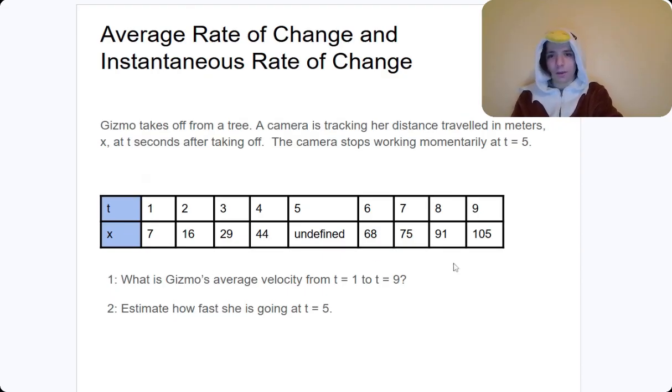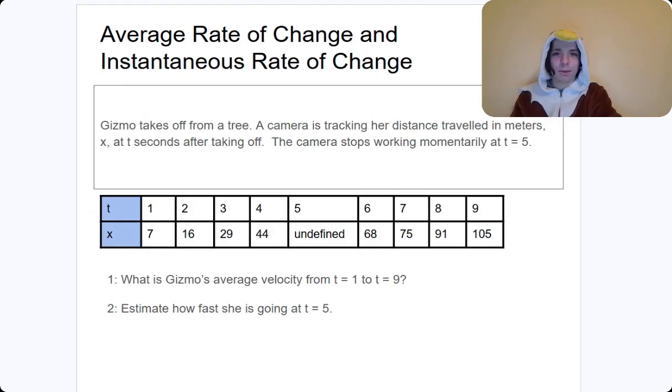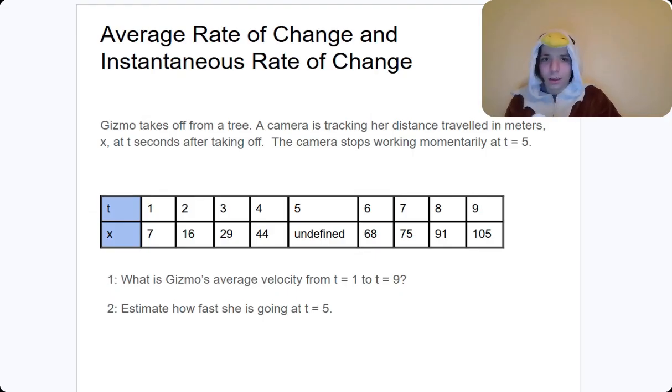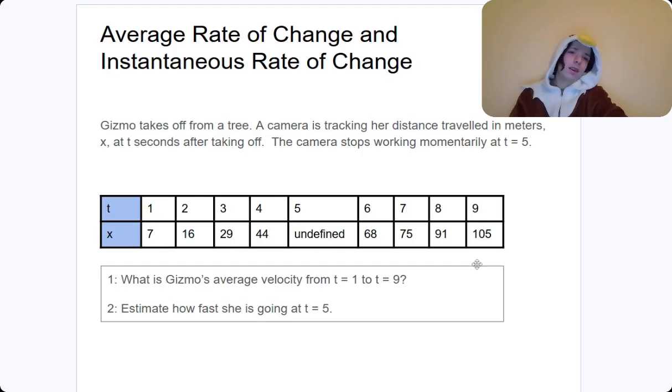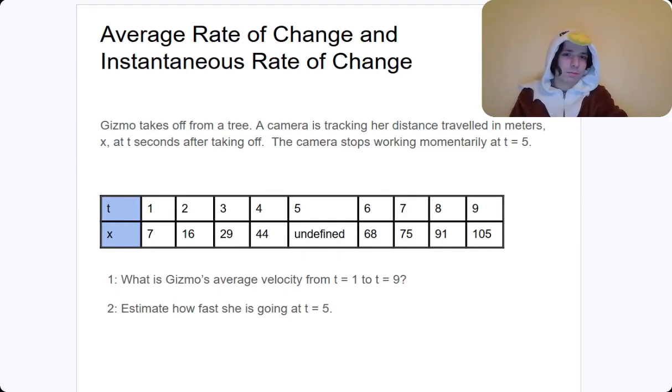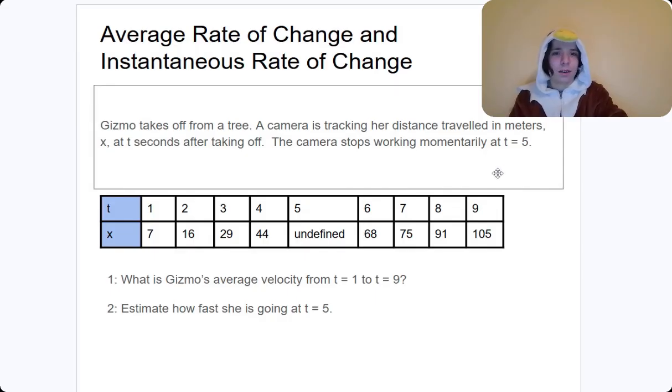Now, first of all, what is Gizmo's average velocity from t equals 1 to t equals 9? Well, it's going to be y2 minus y1 over x2 minus x1, although y is x and x is t, so it's going to be x2 minus x1 over t2 minus t1.